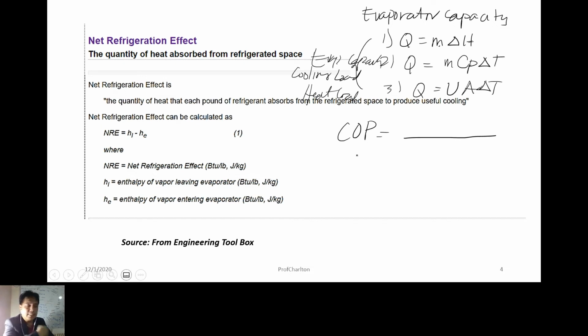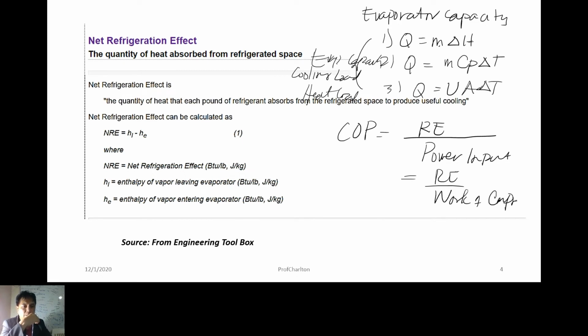What is COP, class? COP is just the coefficient of performance, meaning refrigerating effect over power input, or the work of compression. So, paano ba yon?